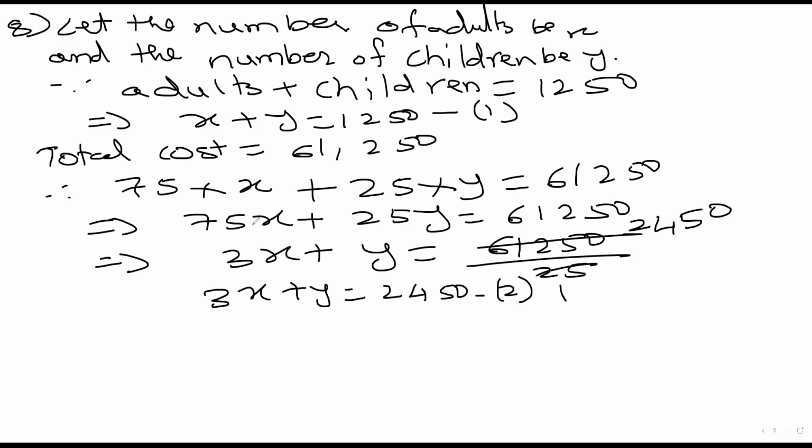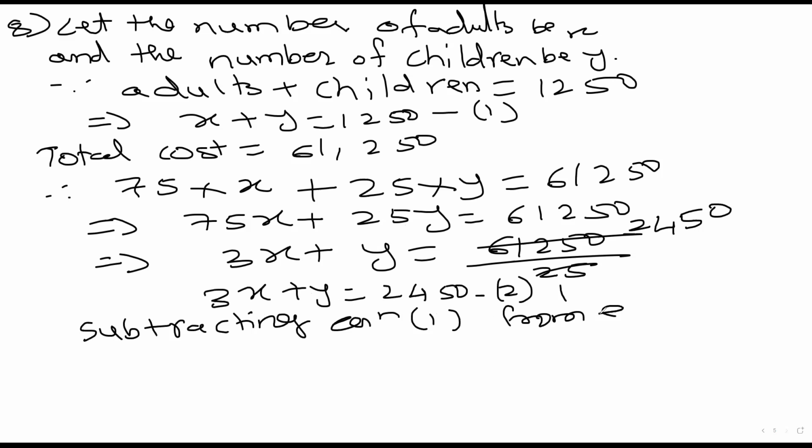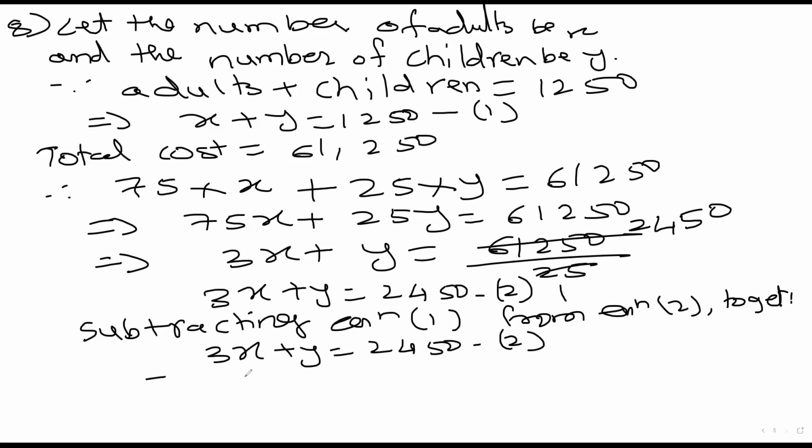This is equation 2. Now you can easily use substitution, or you can subtract equation 1 from equation 2. You can eliminate y, find out x. Write down: subtracting equation 1 from equation 2 to get 3x plus y is equal to 2450 minus x plus y is equal to 1250.